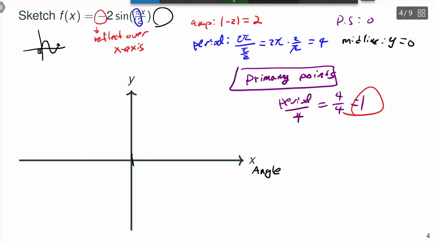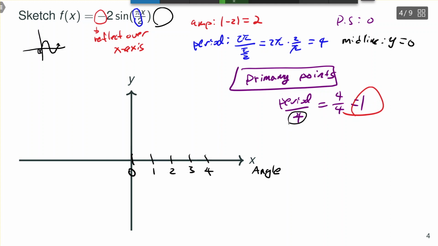So we're going to mark 0, 1, 2, 3, 4. We draw one period, and it is divided into 4 sections. That's why it's called primary points. Dividing into 4 sections gives us 5 points.